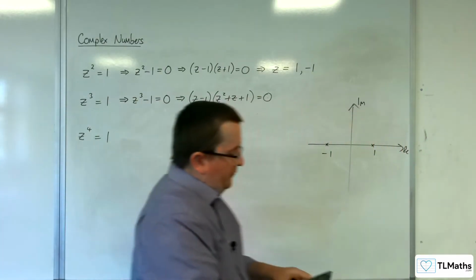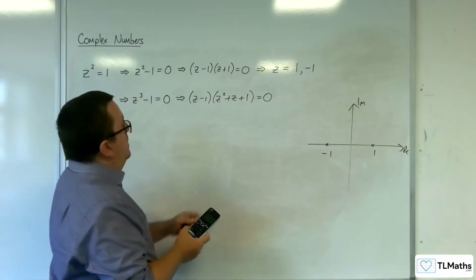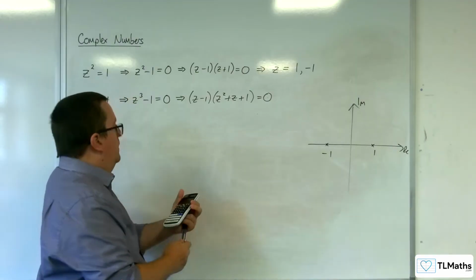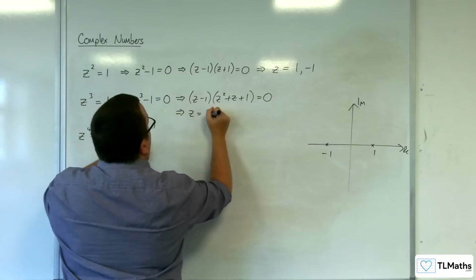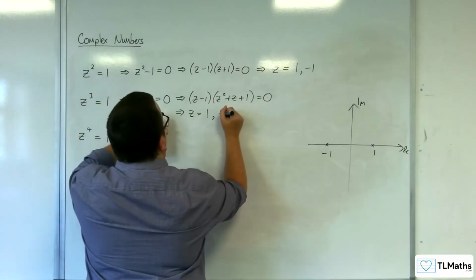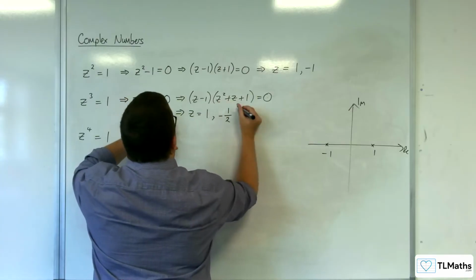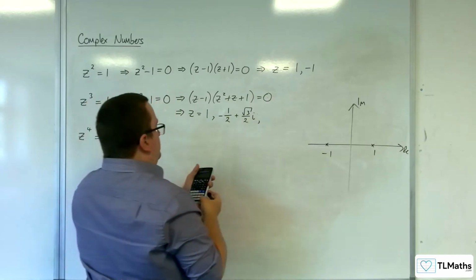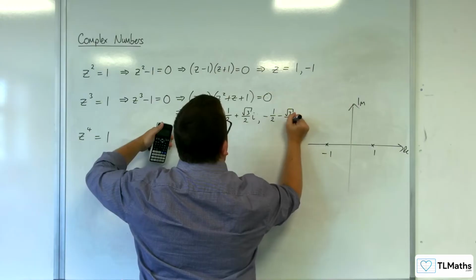So, if I solve that quadratic, Z squared plus Z plus 1, on your calculator, we're going to get that either Z equals 1, or Z is equal to minus a half plus root 3 over 2 i, or minus a half take away root 3 over 2 i.